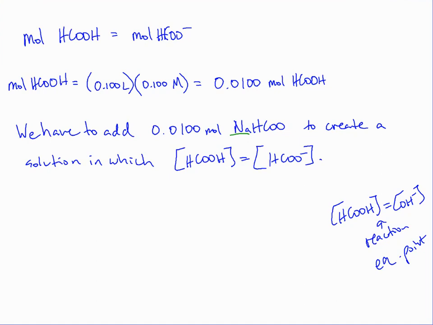Second method, in part C, we're adding a strong base. It says what volume of a 0.1 molar potassium hydroxide solution can be added to create this buffer.